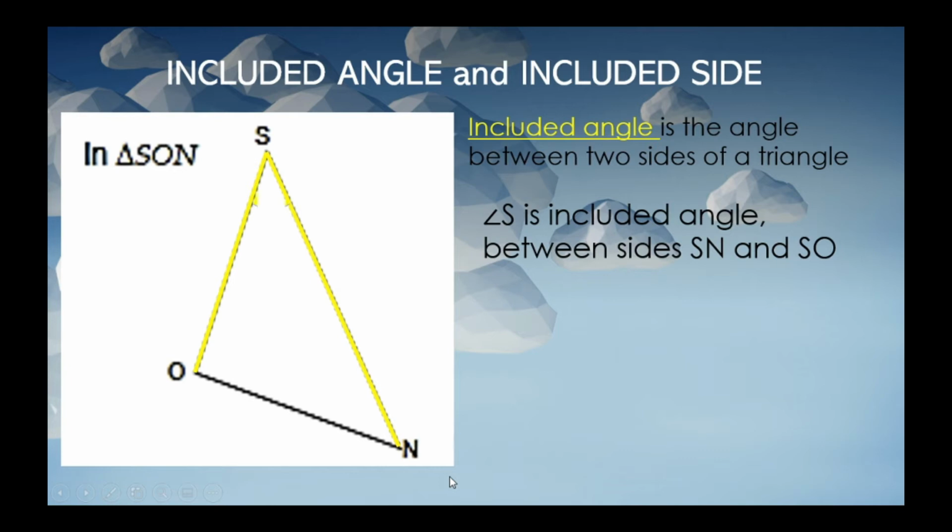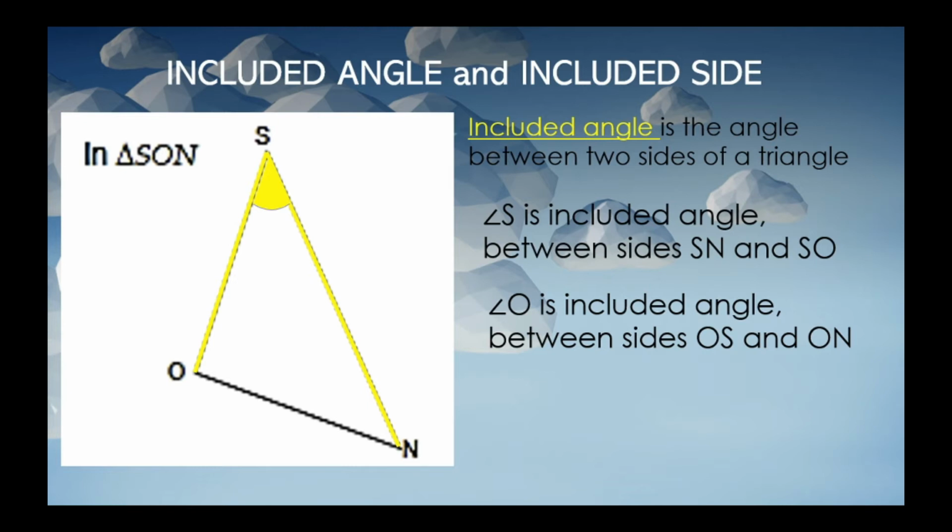Tingnan natin. Yan. Yung angle S na yan is an included angle of side SN at side SO. Ito yung nasa pagitan nitong dalawang side na to. Ang tawag sa angle na yan ay included angle ni side SO at ni side SN. Another example.